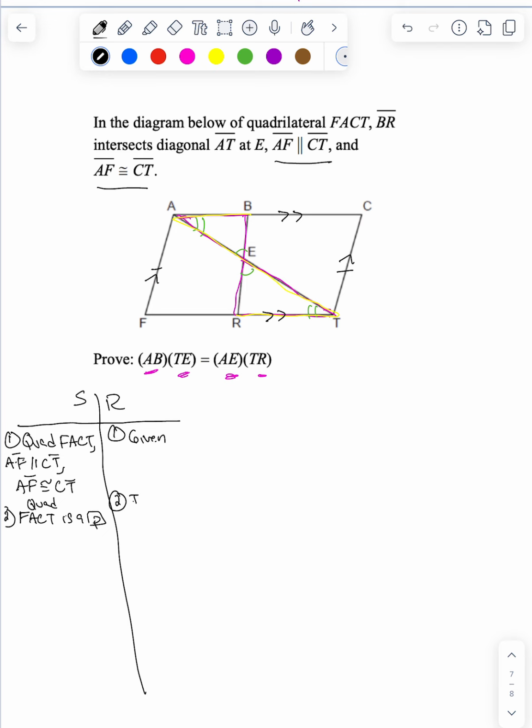And the reason for that is if one pair of opposite sides are both congruent and parallel, the quadrilateral is a parallelogram. And that allowed us to say that AC is parallel to FT because opposite sides of a parallelogram are parallel.